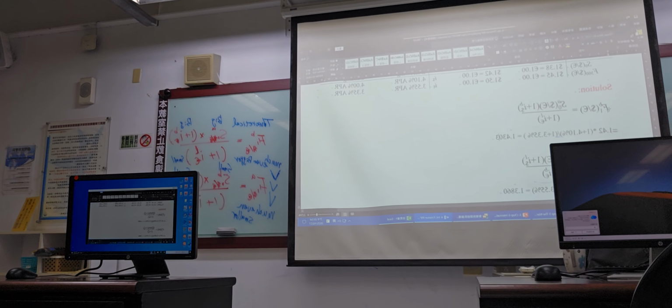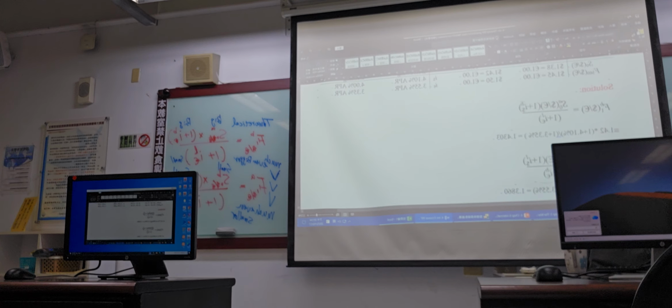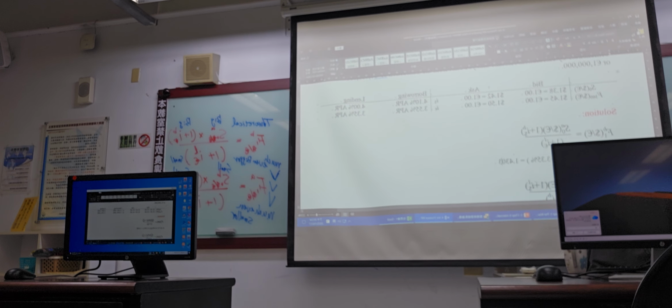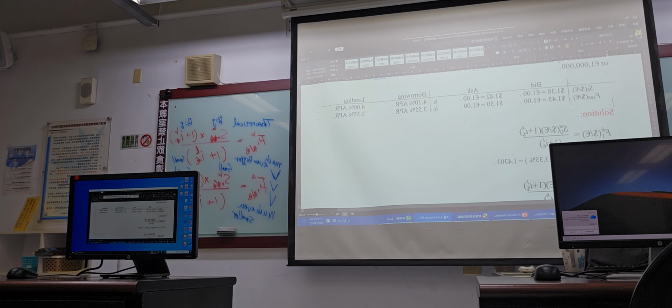That is the theoretical bid. What about the market bid? The market bid is 1.45, right?